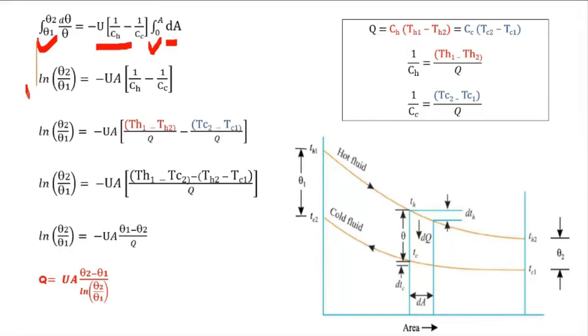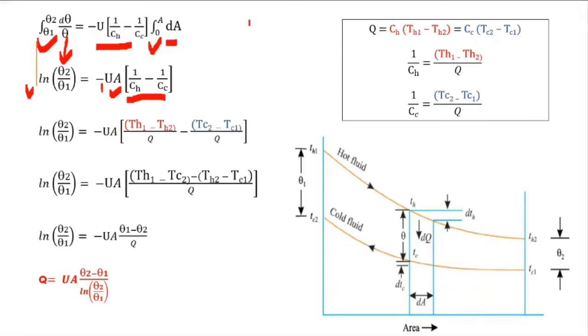On the left hand side, we get ln theta 2 by theta 1 after putting the limits. On the right hand side, we get U multiplied by 1 by CH minus 1 by CC multiplied by the integral of dA, which will be equal to capital A. After putting the limits, it will be A minus 0 and it is going to remain capital A. Any doubt in this step?